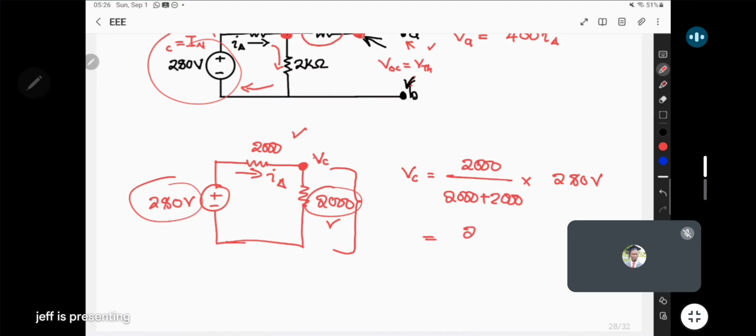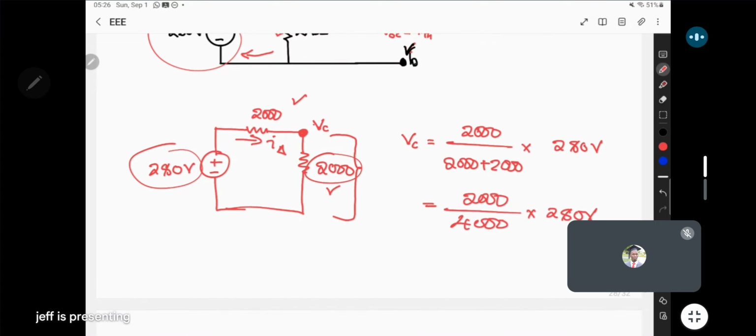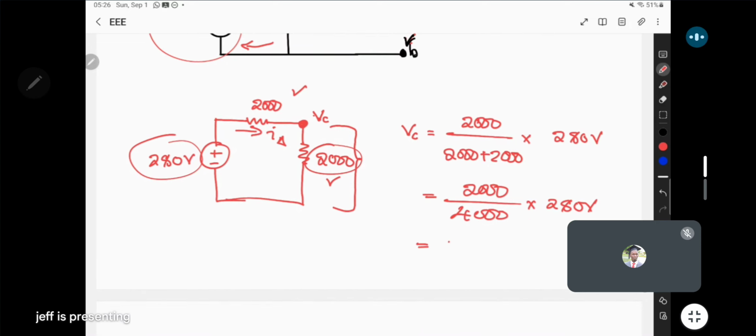Here you're going to have 2000 over 4000 times 280 volts. Then finally, this is just half of 280, which is 140 volts. So this is how much voltage will be dropped by this resistor here, and hence, it will be how much voltage will be at this point.